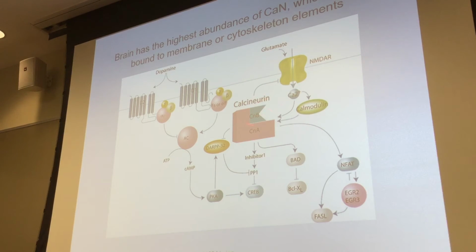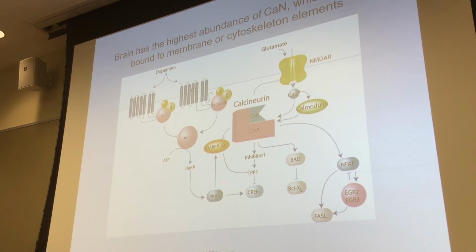It does it not only through the B subunit, but it also does it through the calmodulin, and then this can remove those phosphates. So this is just one example of the many substrates that could be regulated by two competing mechanisms. A mechanism that phosphorylates it by PKA, and a mechanism that removes it by a calcium influx into the cell.